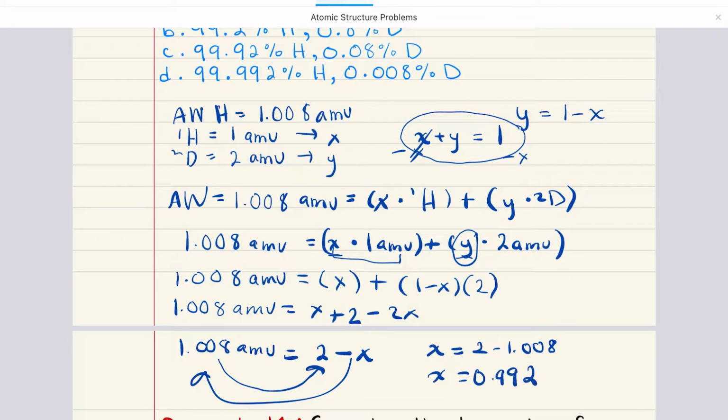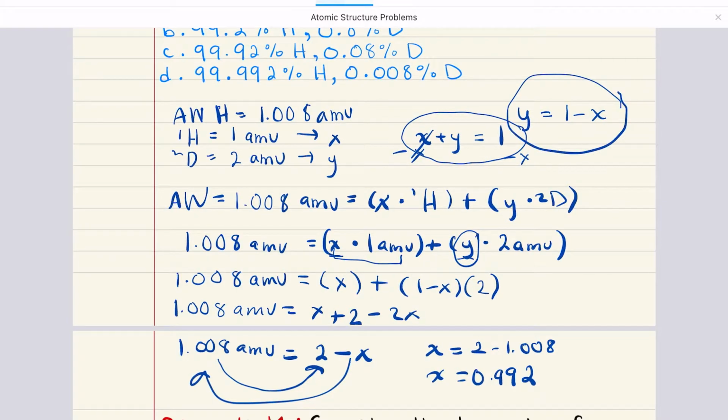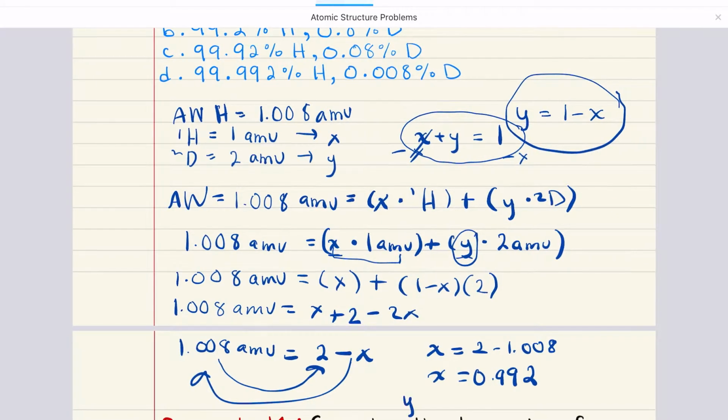0.992. And now that we have x, we can go ahead and plug this back into this equation to figure out y. So y is just 1 minus 0.992, which is going to give us 0.008. All right, and so now we can convert these to percents by just multiplying by 100%.